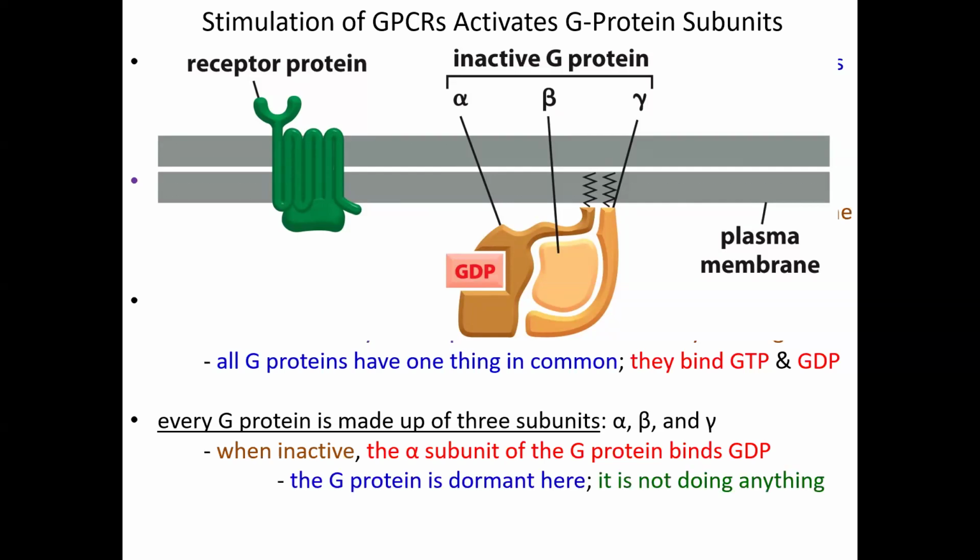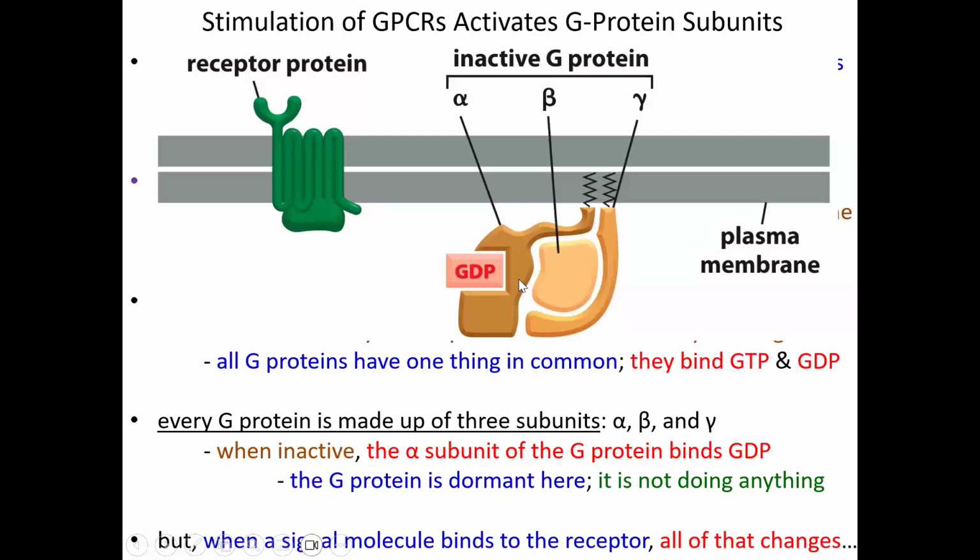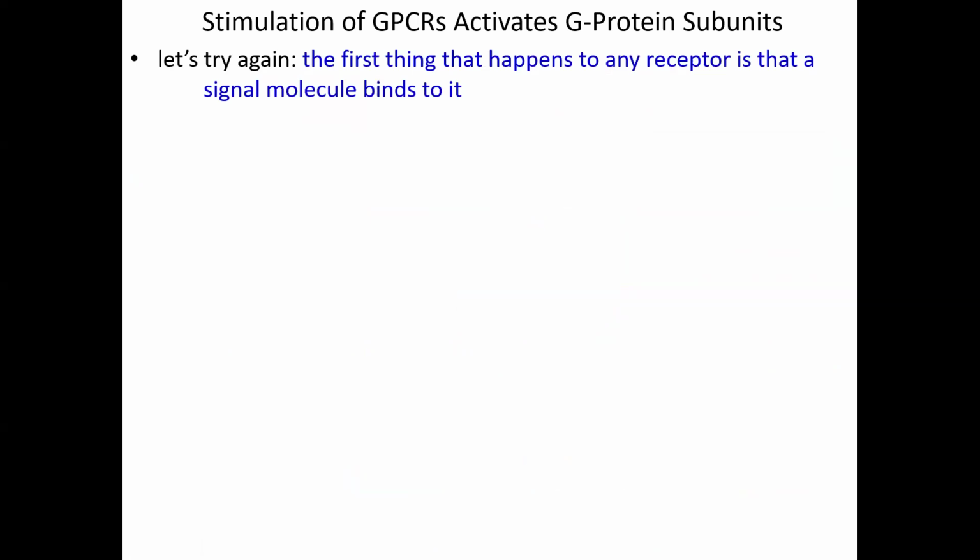So in this picture, the G protein is dormant. It's not doing anything. Remember what I said a moment ago. When the signaling molecule binds, the receptor undergoes a shape change to accommodate that binding, and the shape change then activates the G protein. Well, what do we mean by activate the G protein? We mean let go of that GDP and pick up a GTP.